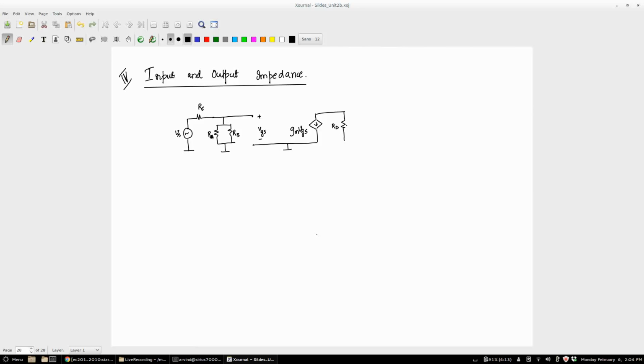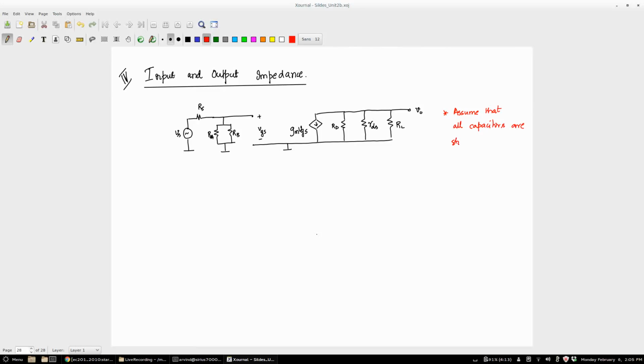On the output, what is my output? This is my RD, correct? Then if I assume that I have a lambda, then I have an RDS, correct? And I have my RL, and that is my V out.